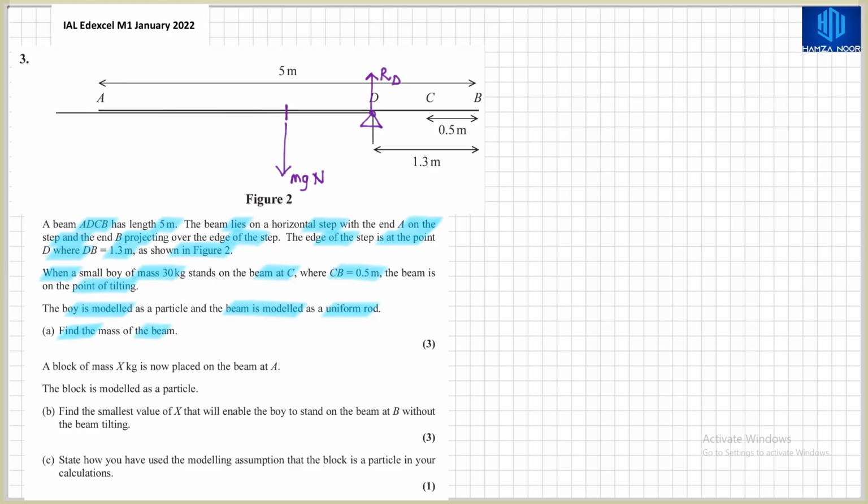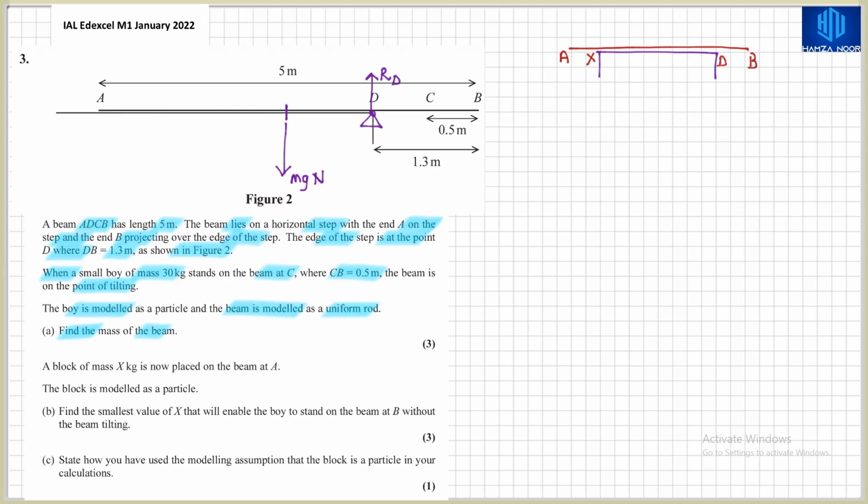If the horizontal step was something like this, let's say you have a horizontal table and you have kept a beam over here like this. Let's say this point is A, this point is X, this point is D, and this point is B. So now the point D and point X are acting in the same way. They are the edge of the step.